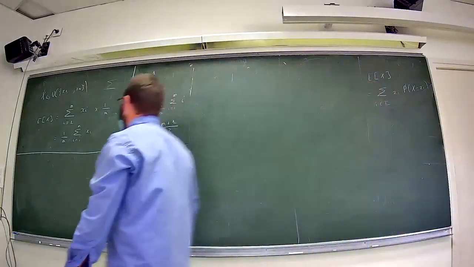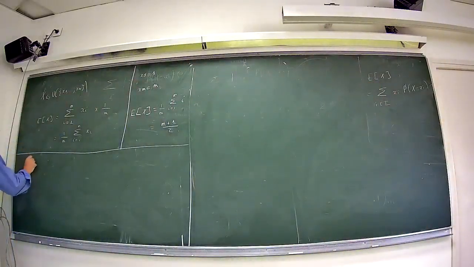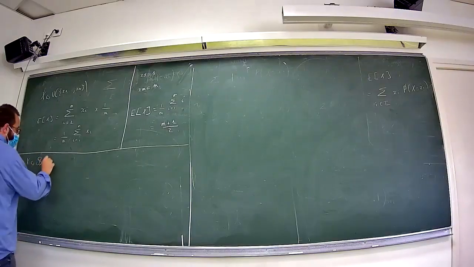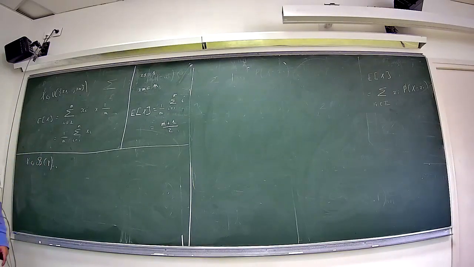So in the case where x follows the Bernoulli of parameter p, in my sum I have only two terms.